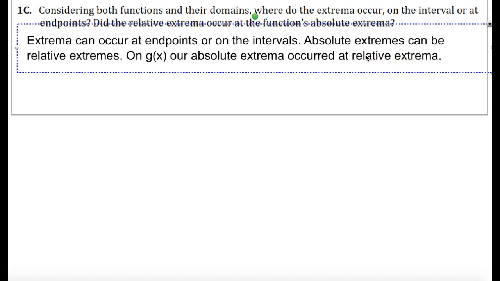Okay, so absolute extrema can occur at endpoints or on the intervals. Okay, relative extrema are just those hills and valleys.